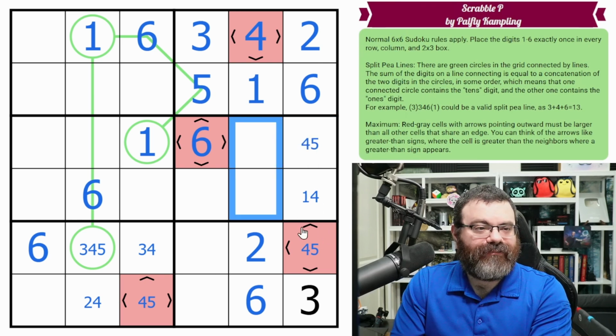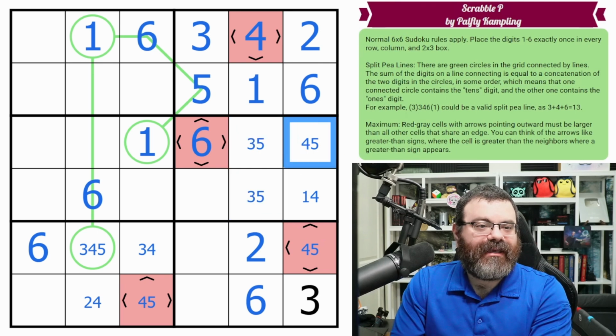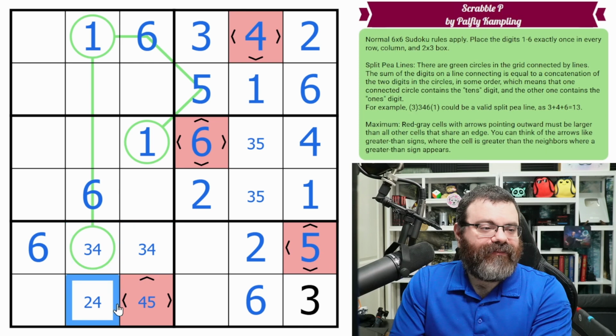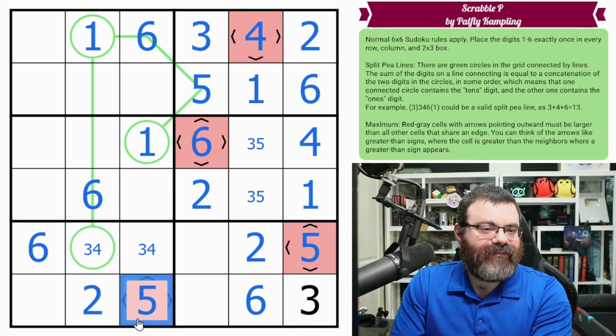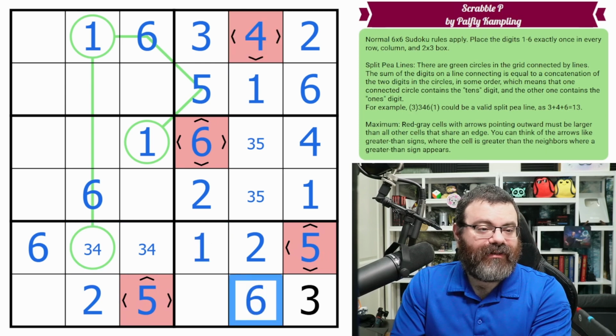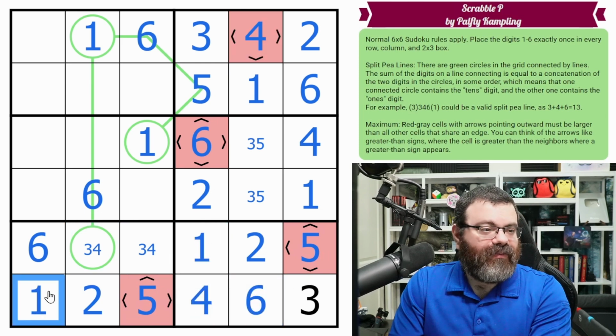This is for the column 3, 5. Oh, 3, 5 for the column means that can't be the 5. So the 5's down here. This is a 4. This is a 1. So this is 2 for the box. We can clear out this 5. 3, 4 pair means that's a 2 and that's a 5. These two digits are a 1 and a 4. The 3, 4 pair tells us that's one. That, oops, sorry, misclick. That's a 4. This is a 1.